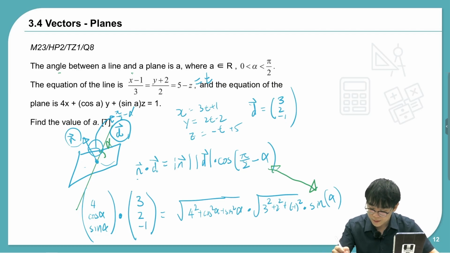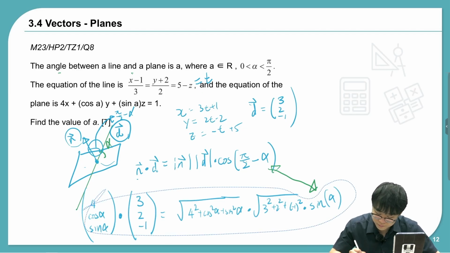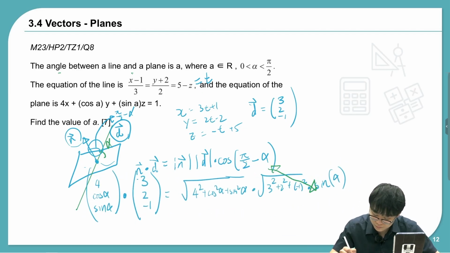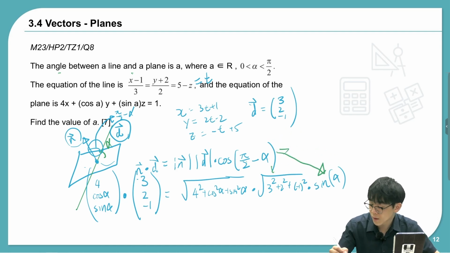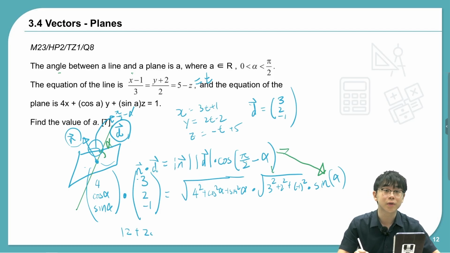Okay. So one line below that. Performing this dot product, we just multiply the components. So we get 4 times 3, so it's going to be 12 plus 2 cosine alpha minus sine alpha on the left.